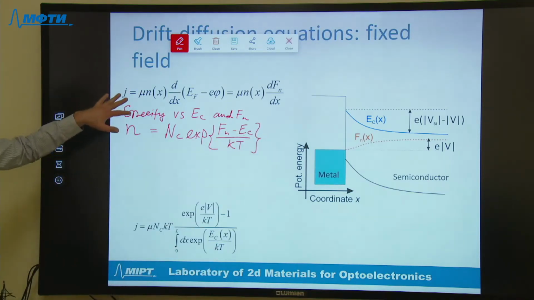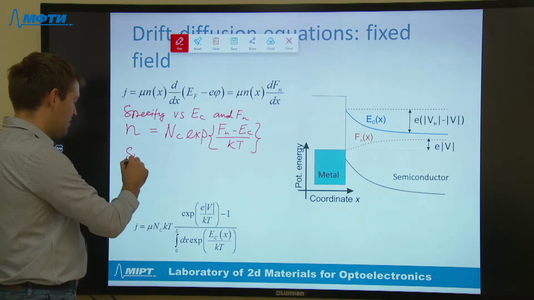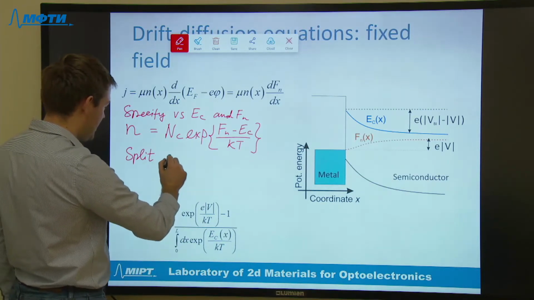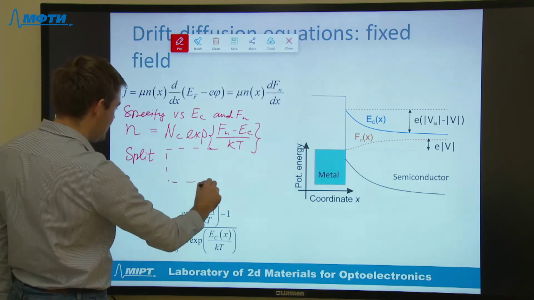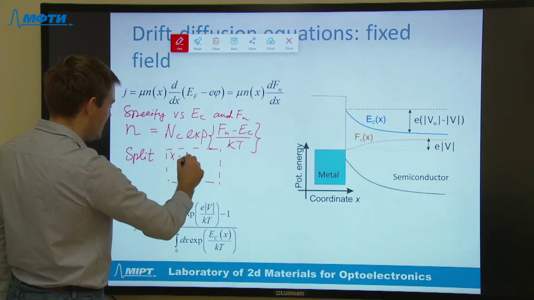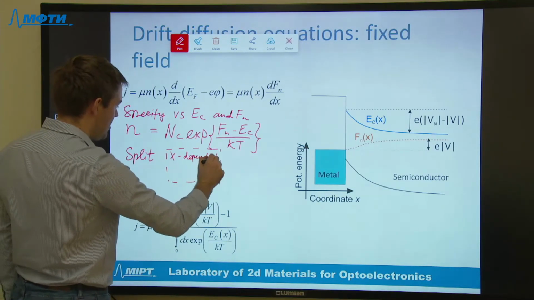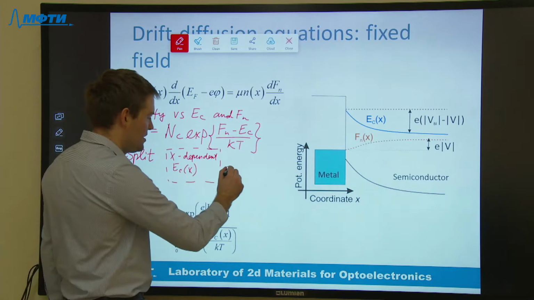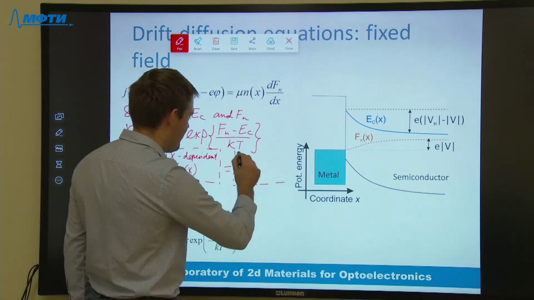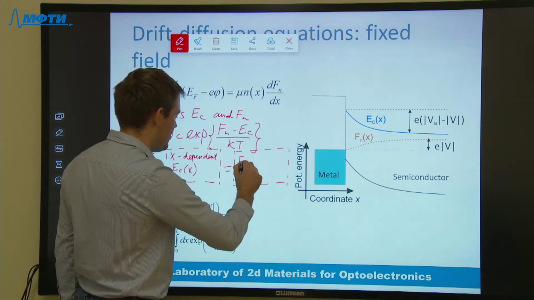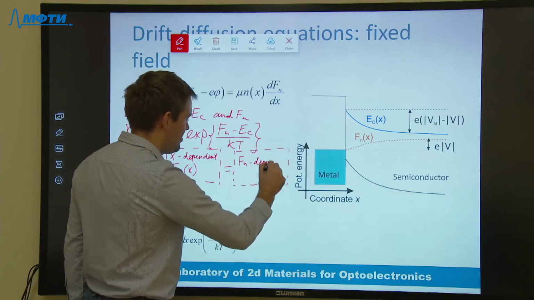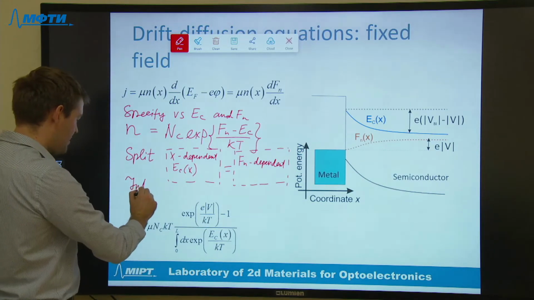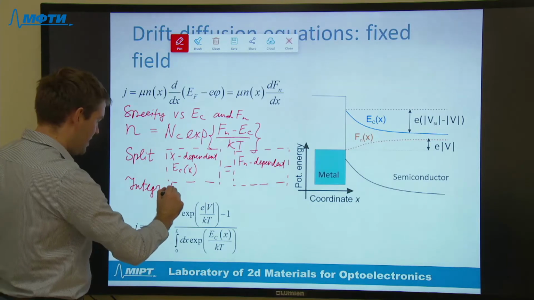Then split the equation in such a way that the left-hand side is dependent only on the coordinate x, and probably here you will have the conduction band bottom depending on x, and on the right-hand side you will have the other part depending on the quasi-Fermi level. And then just integrate over coordinate and quasi-Fermi level.